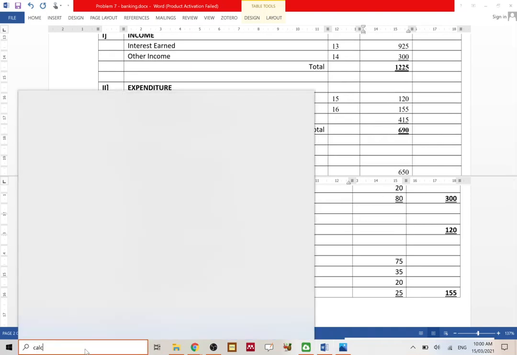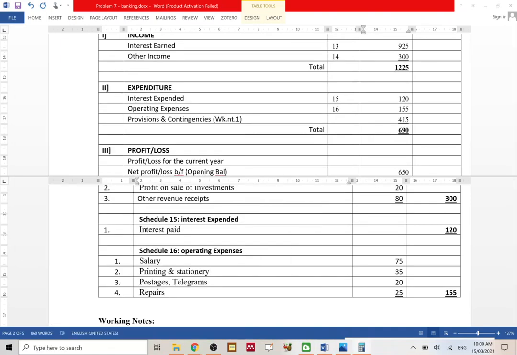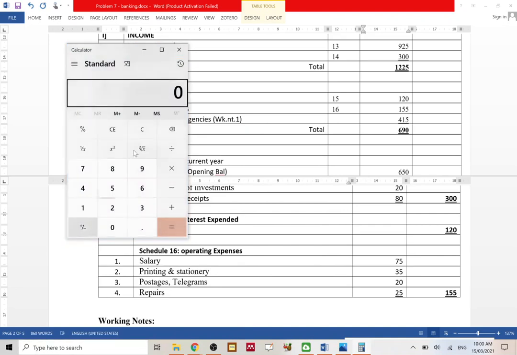You need to get the difference of the two in order to find out what is the profit of the current year. So income 1225 minus expenses 690. I am doing a direct calculation, no other working note. Okay.